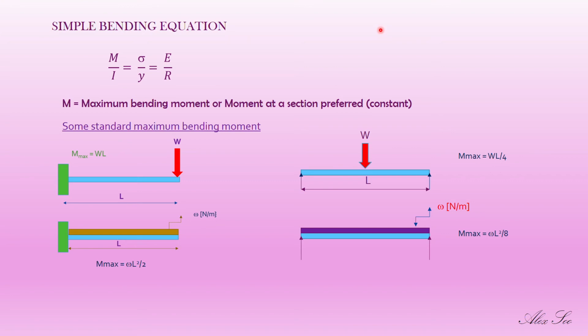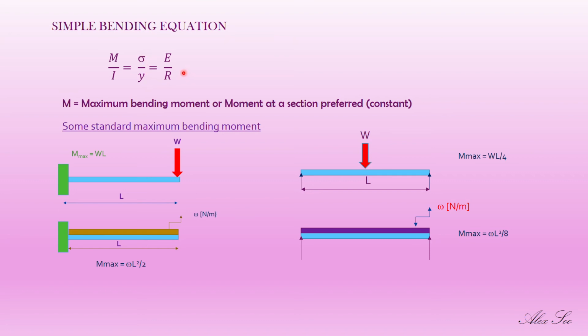That is where the center point is. Measure the length from the center point to the deflected arc, to the neutral axis, and you get what we call the radius of curvature. Usually Young's modulus, radius of curvature, moment and the second moment of area are all constants. So if M over I and E over R are constant, then sigma over y equals a constant. That is why we say sigma is proportional to y.